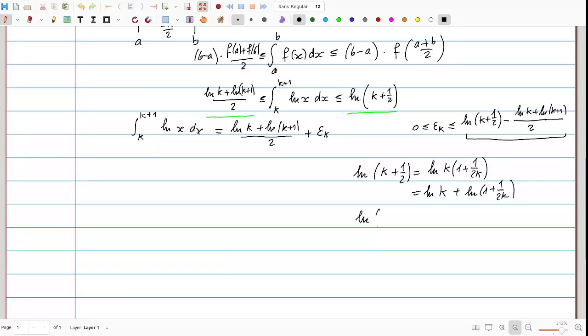And the same is true for the logarithm of k plus 1, which is the logarithm of k plus the logarithm of 1 plus 1 over k. And remember the Taylor expansion of the logarithm says that the logarithm of 1 plus x is equal to x plus something of order x squared.